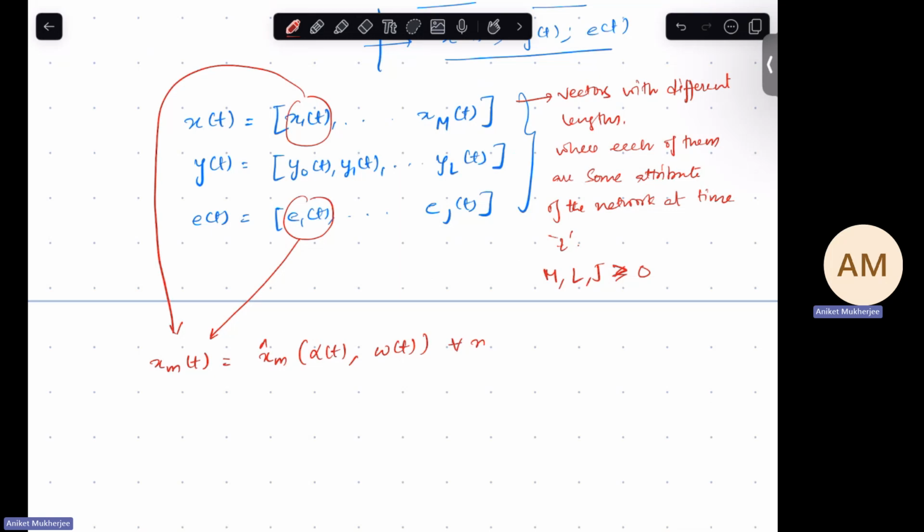This is for all n belongs to set of. Similarly, you'll have the same for y, y and t. Function of the control action that you've taken at time t. The randomness in the server belongs to set of.